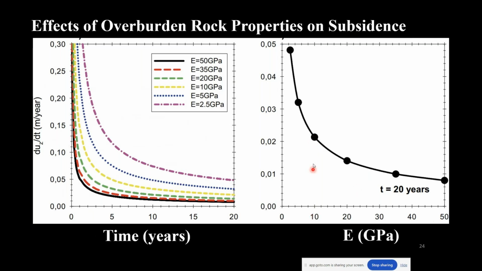Sorry, and for 10 gigapascal this would reduce to 2, it's less than half, right? And this plot shows how important the rock properties are, in particular the Young's modulus of the overburden rock, to the deformation rates that we see in salt cavern fields.